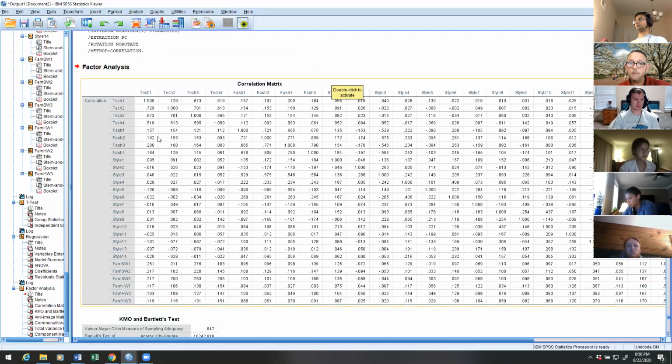At the same time, if I looked at these technology variables against the fashion variables, what I would expect is to see fairly low correlations, because my hope is that the tech variables and the fashion variables don't correlate with each other and don't fall on the same factors. I wouldn't predict them to anyway.